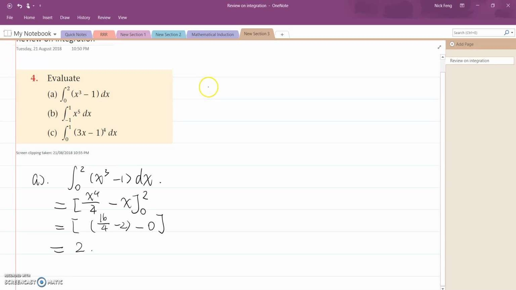Nothing difficult. Part B. From negative 1 to 1, x to the power 5. Now, here's another thing. You can evaluate this using a normal definite integral. However, we know a property called the symmetrical property. That is, from negative a to positive a of f(x) dx, if there's something special about this f(x), which means if it is odd or even, then we can apply some special property, especially when this is odd.